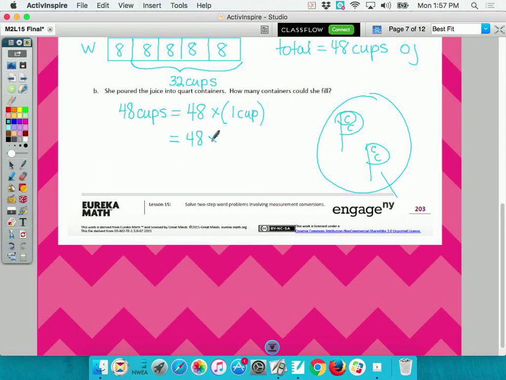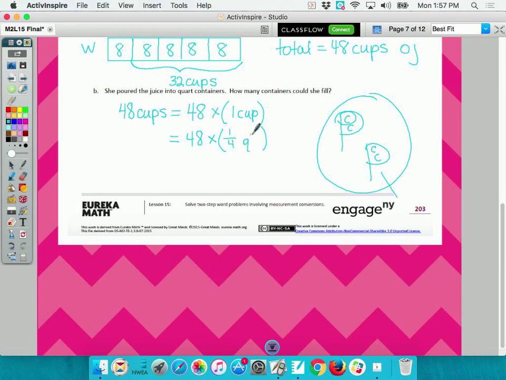And then, how many quarts is 1 cup equal to? There's only 1 cup right here, and this is a quart. It's going to be a fraction. Go ahead and say it. 1 out of 4. 1/4.